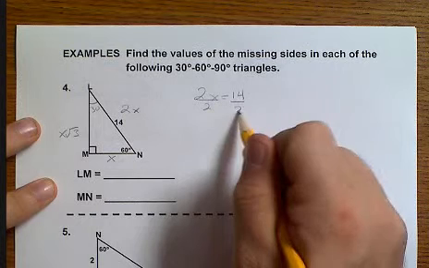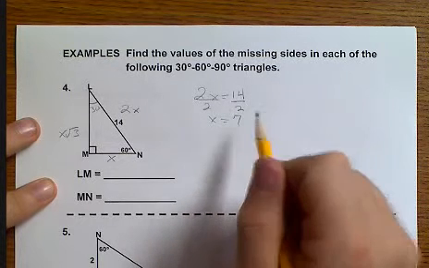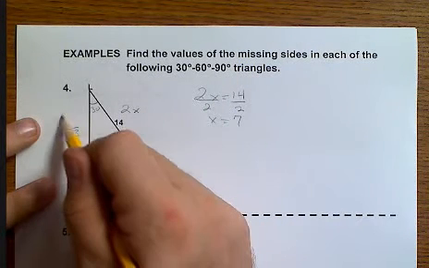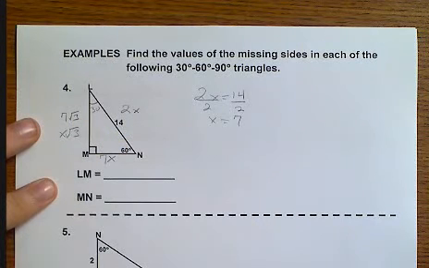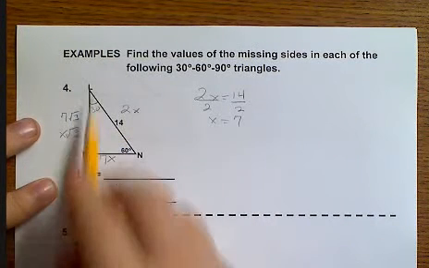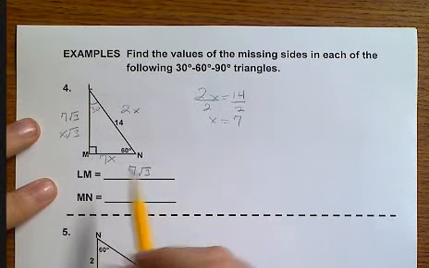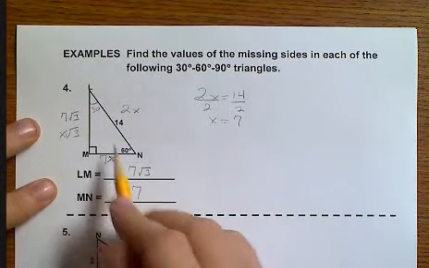Divide both sides by 2, we get that x equals 7. Alright, so that means that this side is 7, and this side would be 7 square root of 3. So LM we've written is 7 square root of 3, and MN we've written is 7.